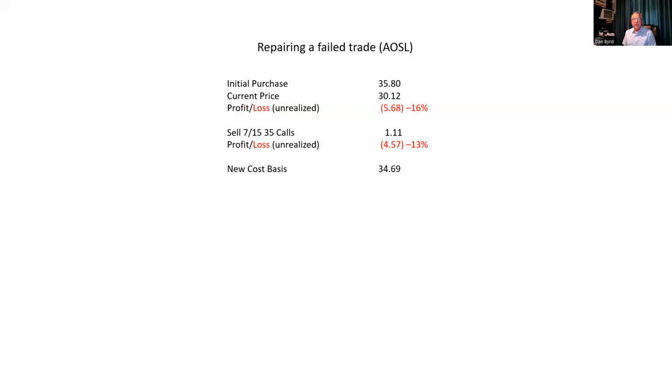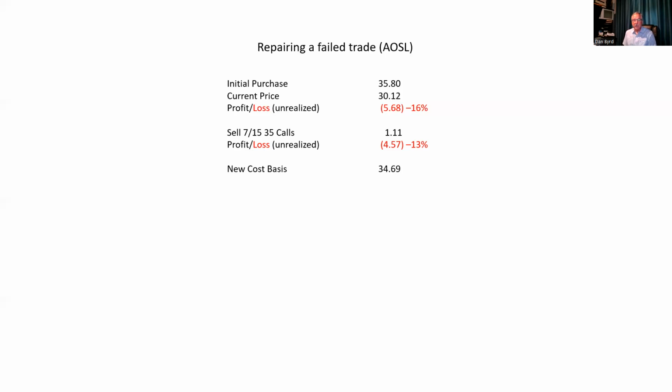So now my unrealized loss is down to only 13%. That's over the next 2 weeks. Or another way to look at that is the $1.11 I got paid minus the $35.80 that I bought the stock for gives me a new cost basis of $34.69.